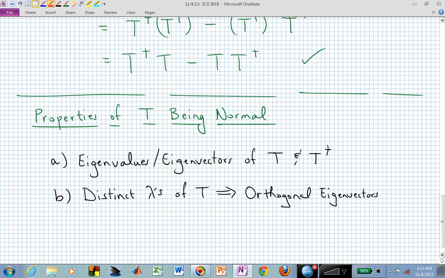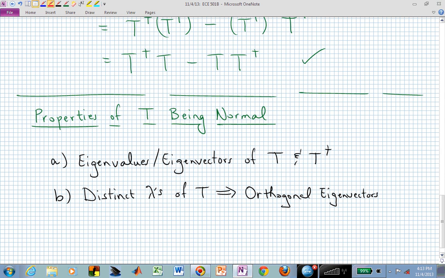Properties of T being normal. Now we do want to focus on T being a normal operator. And we'll look at two different scenarios, basically two different corollaries. The first one is, what's the relationship between the eigenvalues and the eigenvectors when T is a normal operator? We've already stated what that relationship is, but we want to prove it.